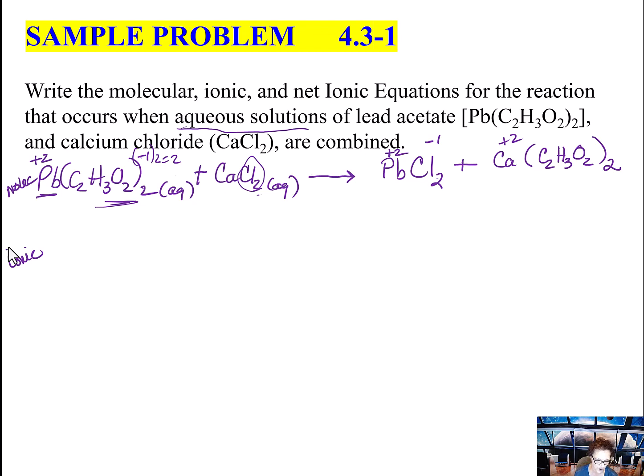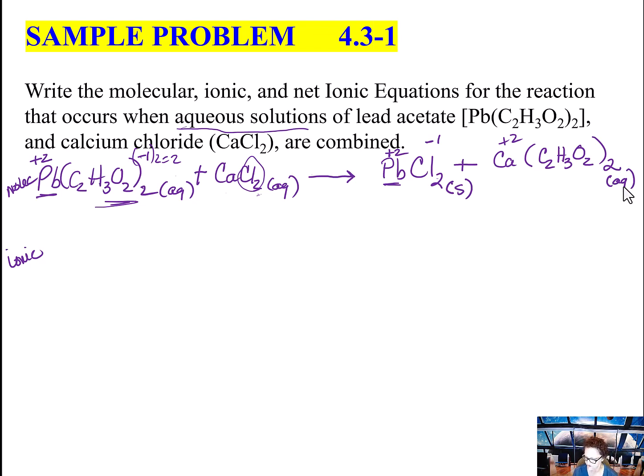If you look at your chlorides, chlorides are typically insoluble, especially when they're combined with a heavy metal like lead. I just get that information from that table, to say that lead chloride is a solid, and calcium acetate, all acetates are soluble, so they're aqueous. Sorry, almost forgot that step.